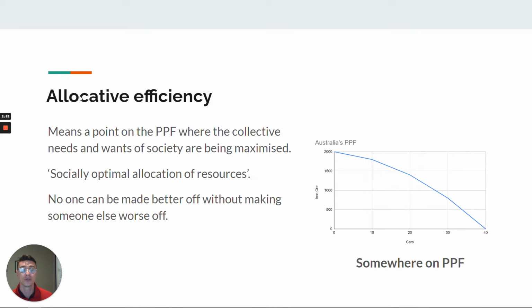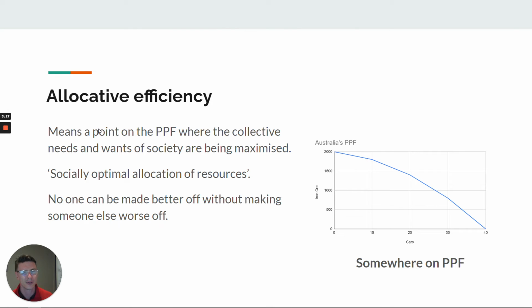And this shows the combination of goods and services that best meets the preferences of society. That's a bit of a mouthful, but really it's challenging because how do we decide what's the best combination of goods and services as a whole, right? So we have to make some assumptions about what is good for society. But we will look further into this later, into this concept of what's good for society when we look at market failure.